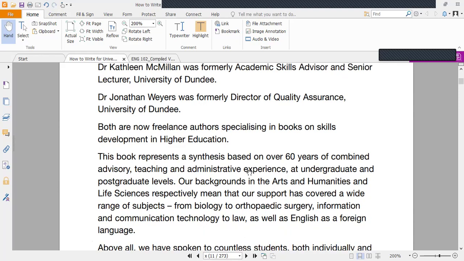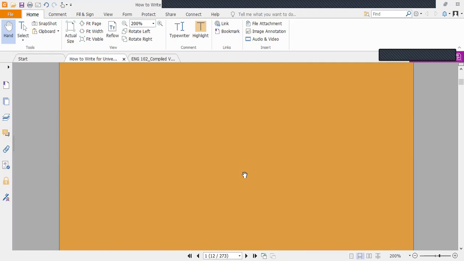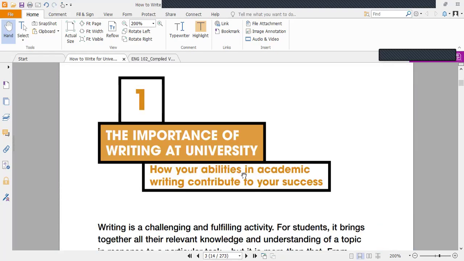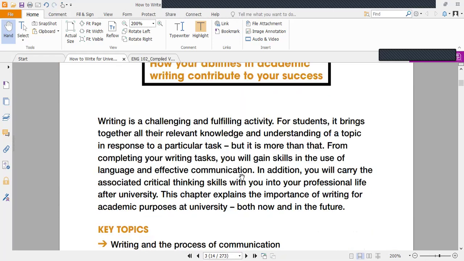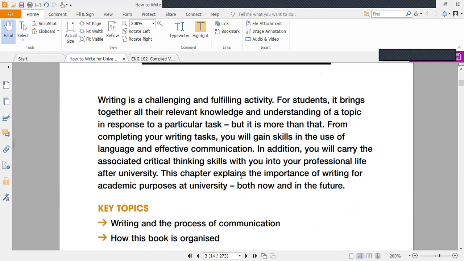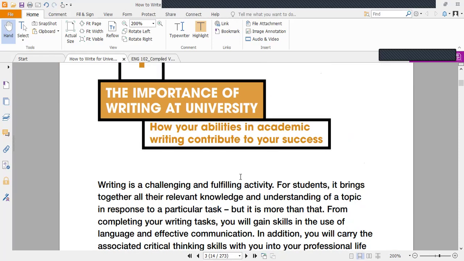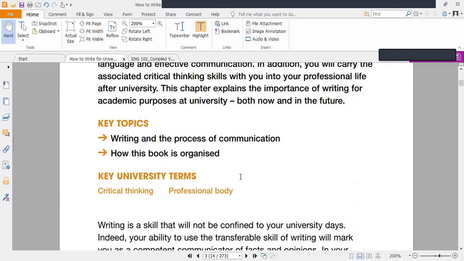We won't read about the authors also. I would like to quickly see this section, the importance of writing at university, although it is not in your course, but let's see if there is something important.